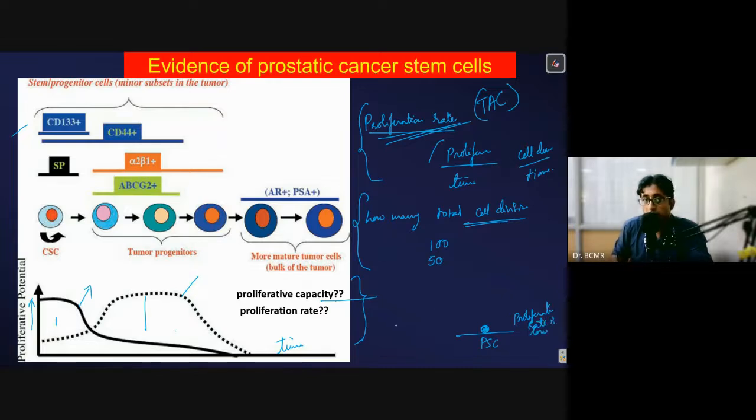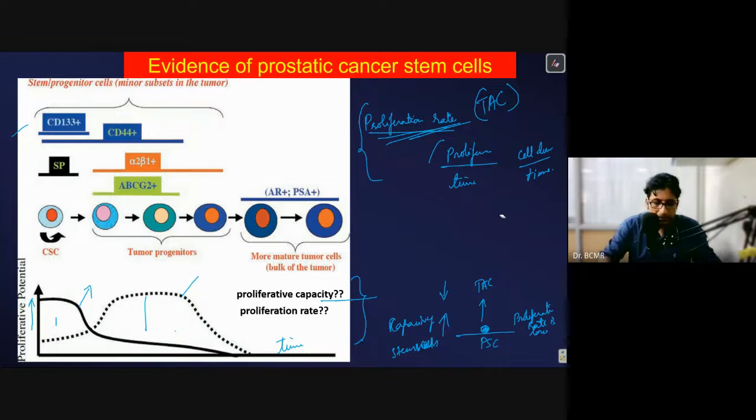While their proliferative capacity, that is stemness here, right? The continuous ability to divide, stemness, is very high. As the cell is dividing into TAC, for example, proliferative capacity will become lesser and proliferation rate will be high.